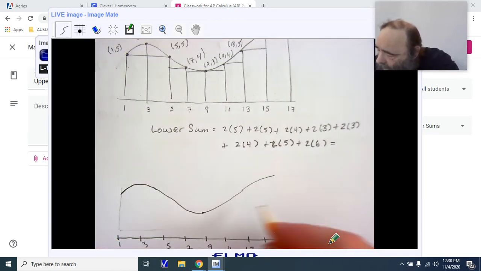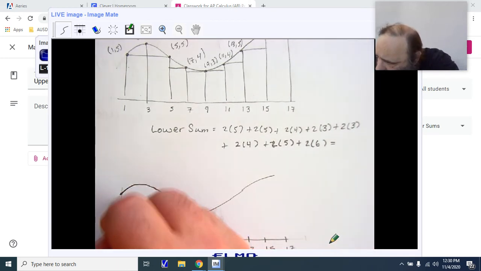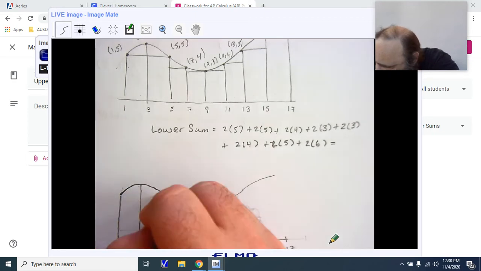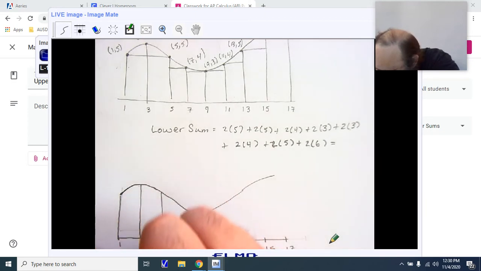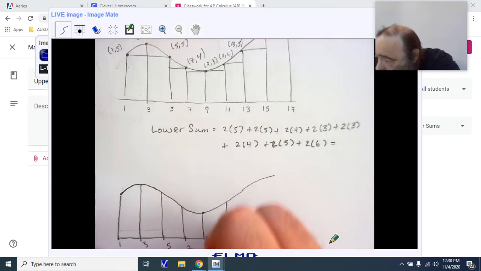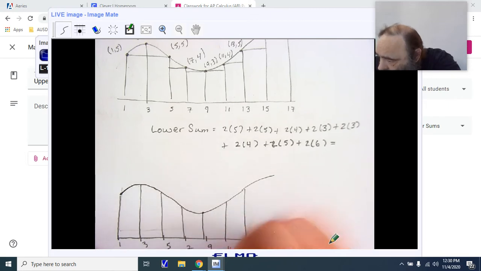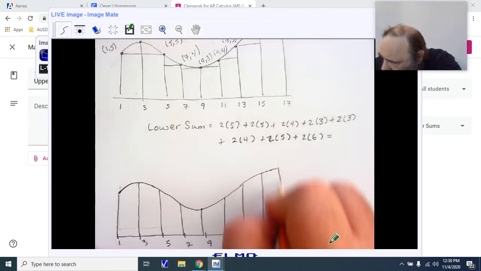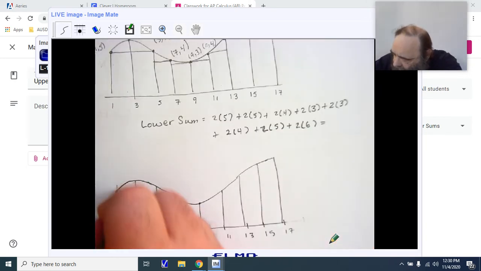Good enough. Now, if I'm doing a left Riemann sum, the left Riemann sum works with the left value. Right Riemann sums only work with the right values. And so they fundamentally are different.